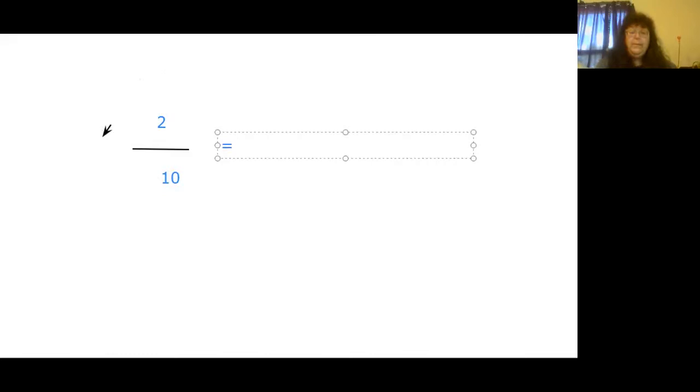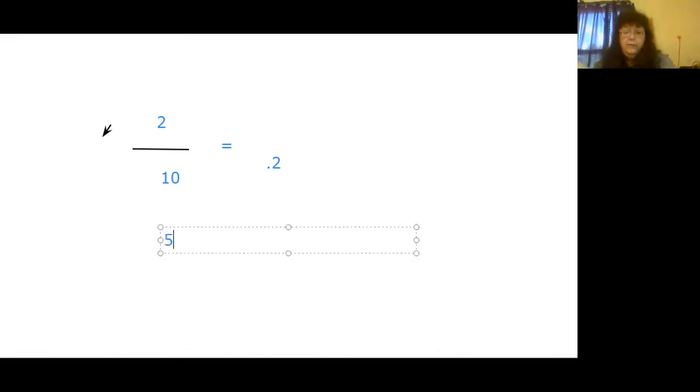If you wanted to write that as a decimal, remember decimals are smaller than a whole number. Your decimal is going to look like that because the first place after the decimal point is tenths. So you've got tenths, then hundredths, thousandths, and so forth. So 2/10 looks like that.